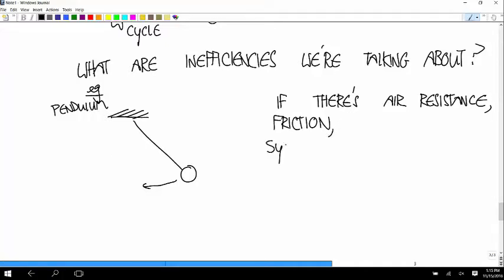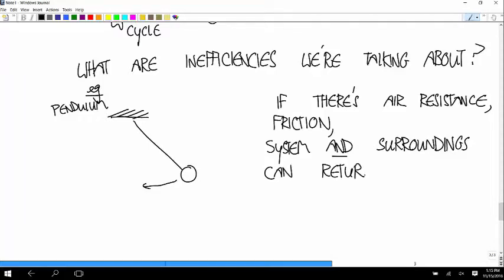So the system and its surroundings can return to its starting state. That's what an ideal pendulum does. It keeps returning to its starting state once every period.